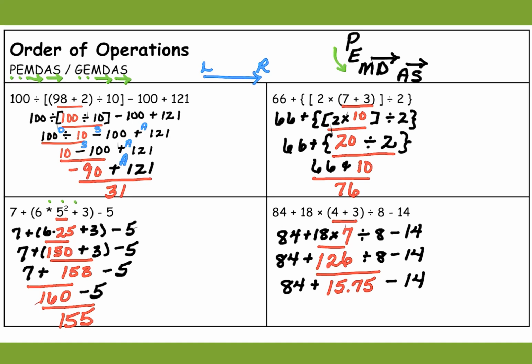Now we only have addition and subtraction remaining, so we do the addition first as it is on the left. 84 plus 15 7/75 is 99 7/75. Don't forget to bring down that minus 14, and that will be our last step in this problem. The last step is subtraction, and we do 99 7/75 minus 14, which gives us 85 7/75.